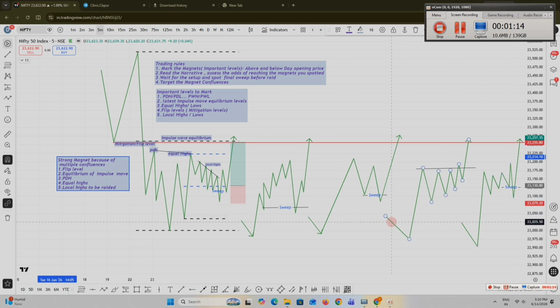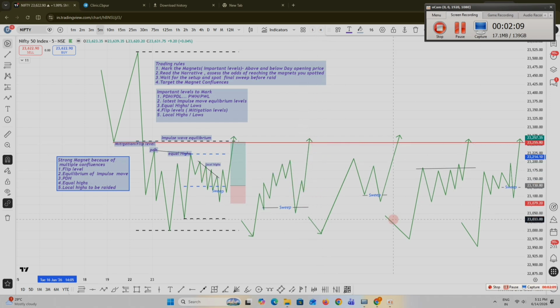For most of my setups, I wait for one final sweep. I look for the narrative where, for a given target, the market makes one final sweep before reaching the target, and when that sweep coincides with the last session of the market, it is high probability. When the sweep happens after 12 p.m. or 1 p.m. or exactly at 2:30 p.m., there is a good chance of a rally towards the target in one go.